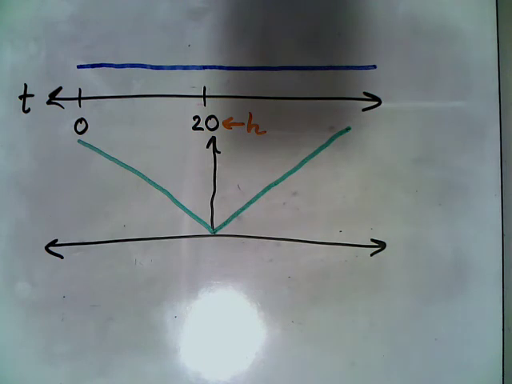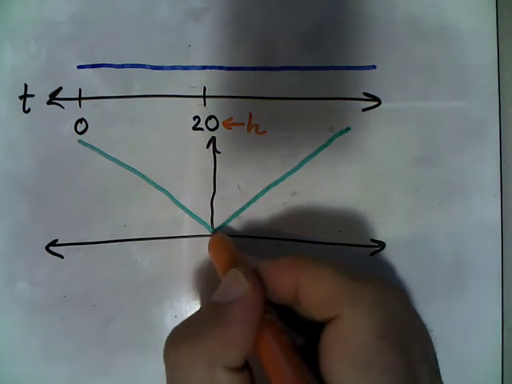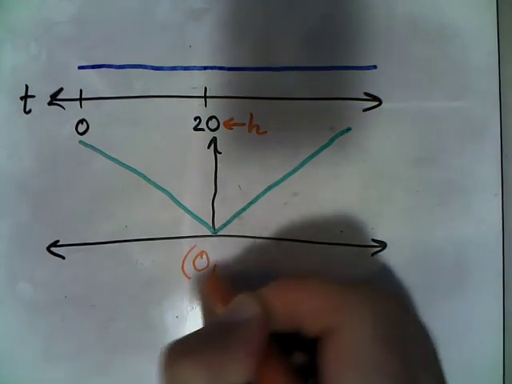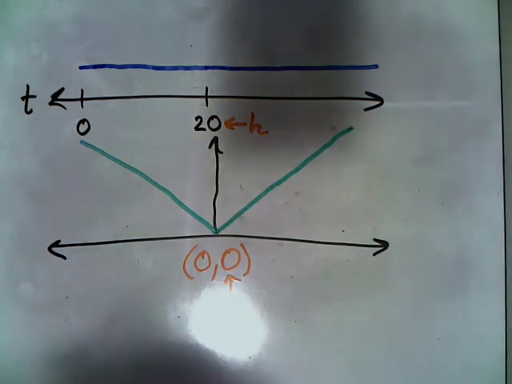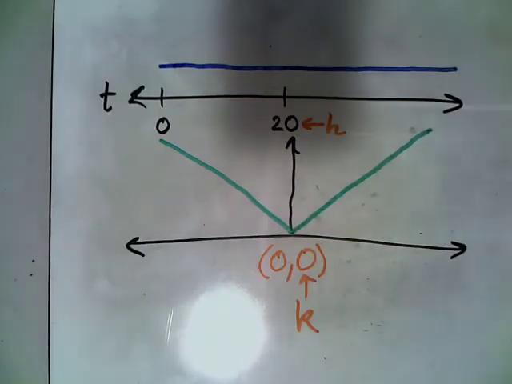And so the fact that I have a Y value of 0 here, that's my K. So it turns out that the minimum distance here is still going to be 0. So K doesn't really need to change anything there.